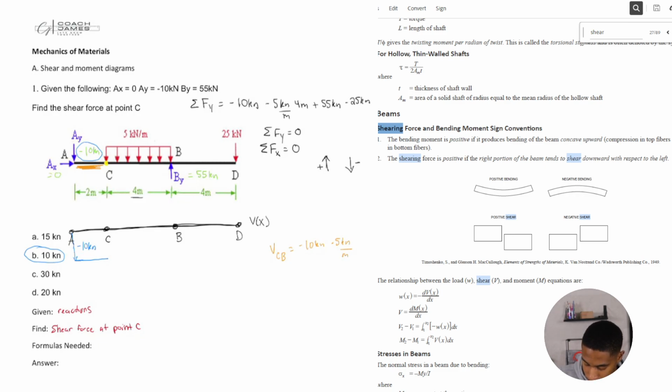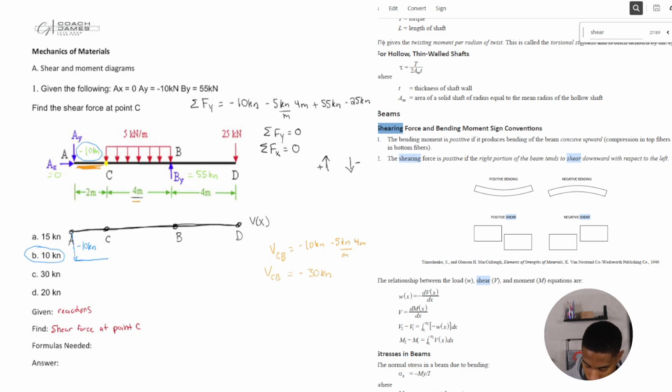And then we multiply that over our 4 meters. Okay, so this is 4. All right, so the shear from C to B is going to equal -30 kilonewtons.